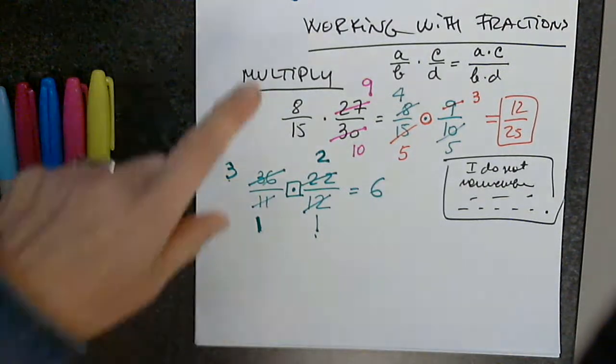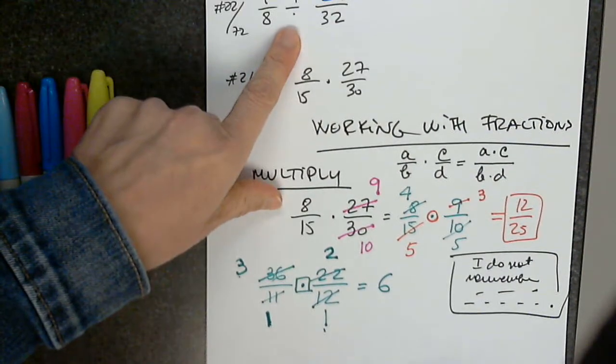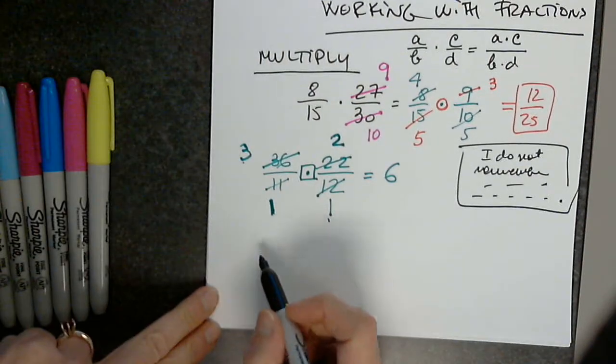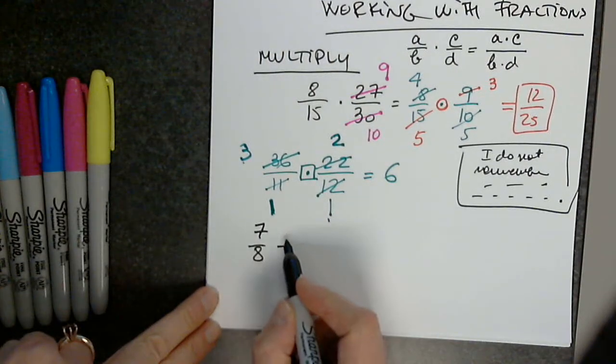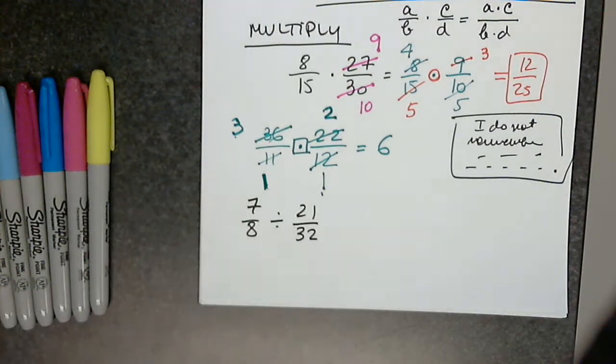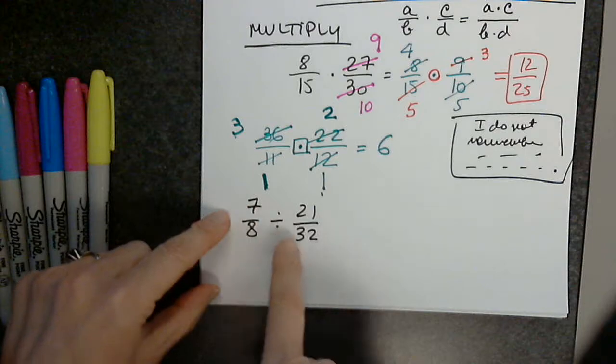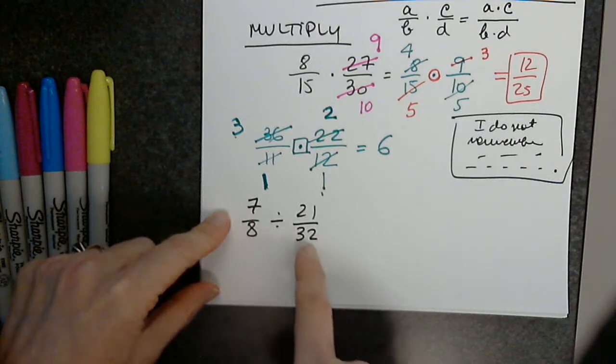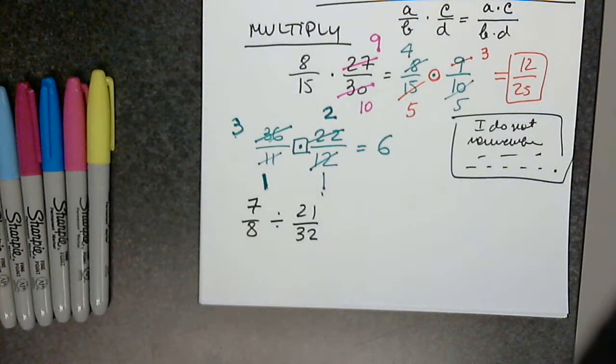Yes. Okay. Now, I would like to talk about division of fractions. So, we chose 7 over 8 divided by 21 over 32. 2 things here. You cannot simplify across in a division like we did with the product. So even if this and this have something in common, I'm not going to be allowed to simplify. We're not allowed to simplify across in a division.